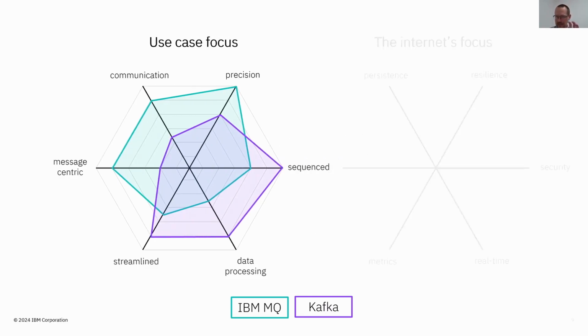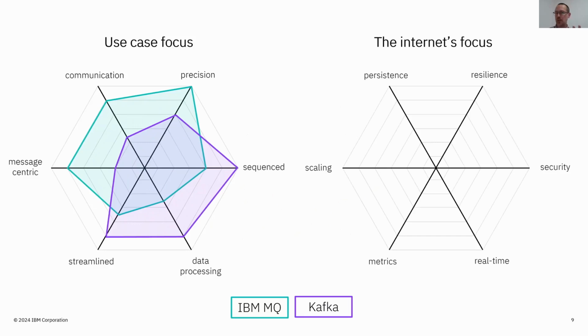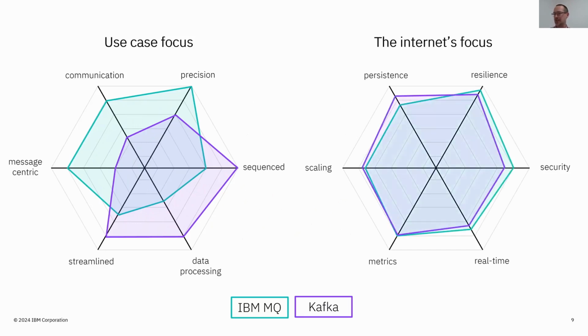But if we take that use case focus, which I think is much more useful, and compare that to what I was getting from the internet focus, you'll see that actually there's not that much difference. There are a few bits here, but if you look at things like security, MQ and Kafka are pretty close. I think we'd argue that MQ has more security built in, although Kafka has closed that gap in recent years.